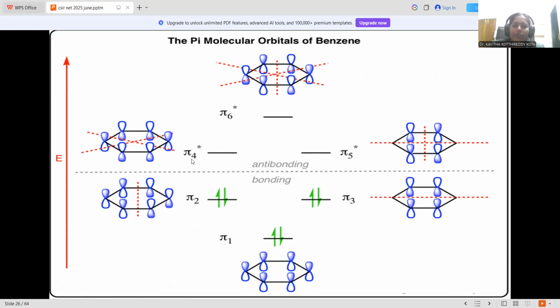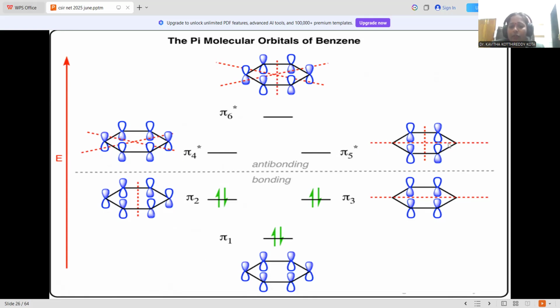Here is the psi 4. Psi 4 has 2 nodal planes, taking upward, downward, downward, upward, downward, downward. So here only the corner side lobes are upward and the in-between lobes are downward, so there is a provision for 2 nodal planes.